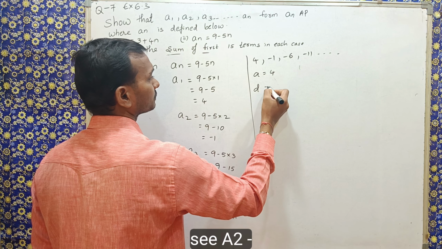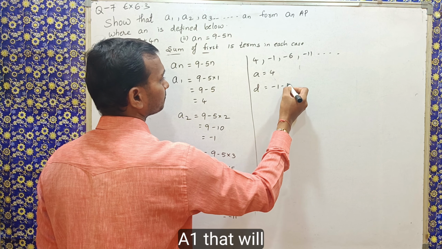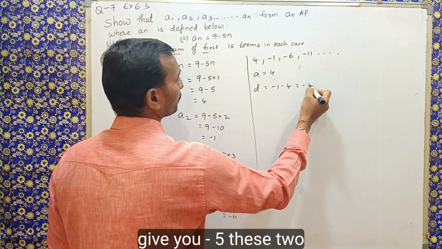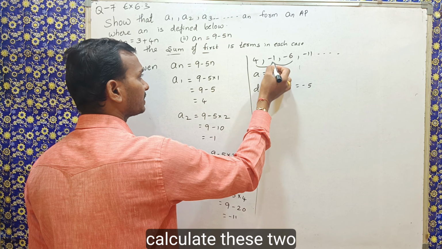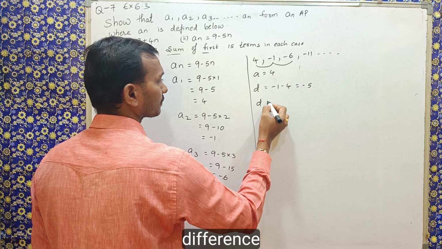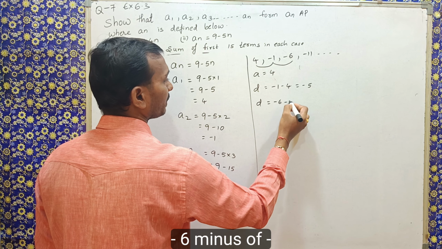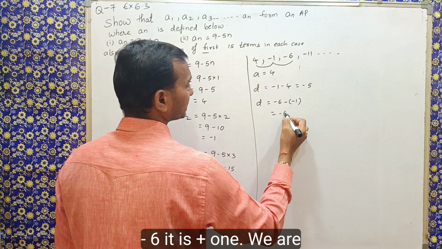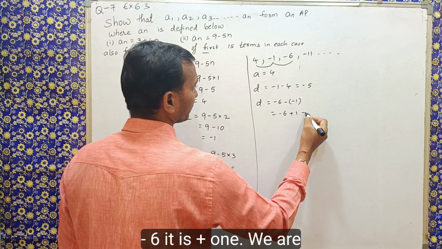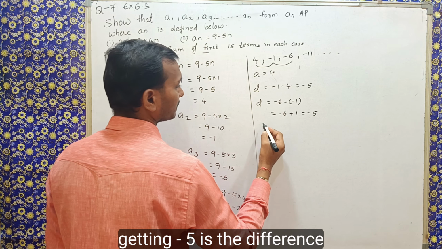So first we will write the first term, that is 4. Difference we will see. A2 minus a1, that will give you minus 5. These two difference is minus 5. Again we will calculate these two difference. Minus 6 minus of minus 1, minus 6 plus 1. We are getting minus 5 as the difference.